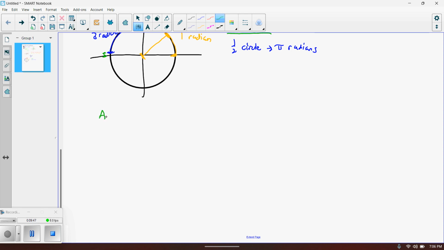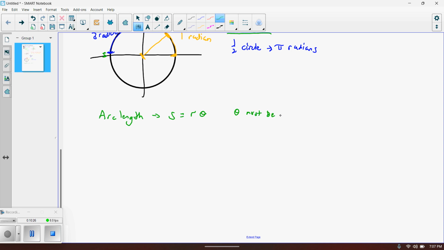But we call the arc length around the outside of the circle, or again, the length if you put a string at one point and measured around the arc, we denote that with an S. Again, that's the distance around the outside of the circle, kind of measuring the circumference, but not necessarily the whole thing. And S is defined to be the radius times the angle that is made. The theta, however, must be in radians. That is very important.